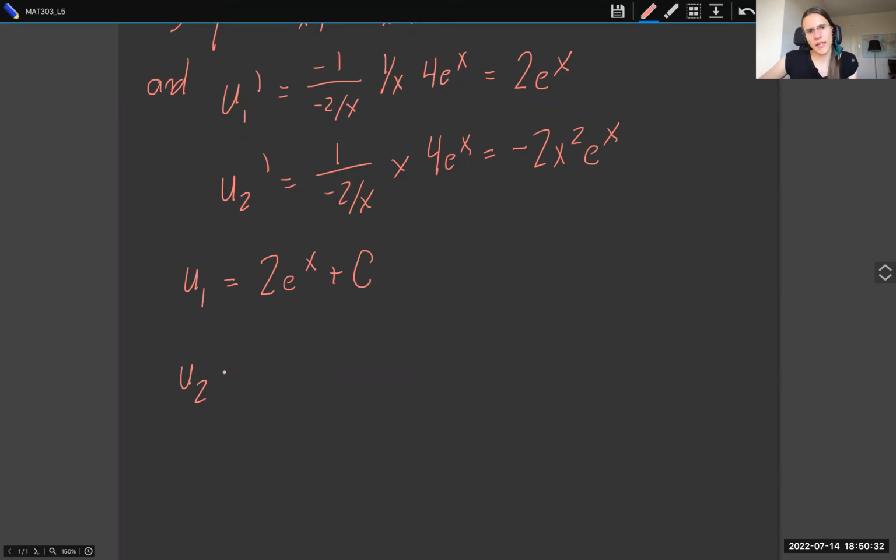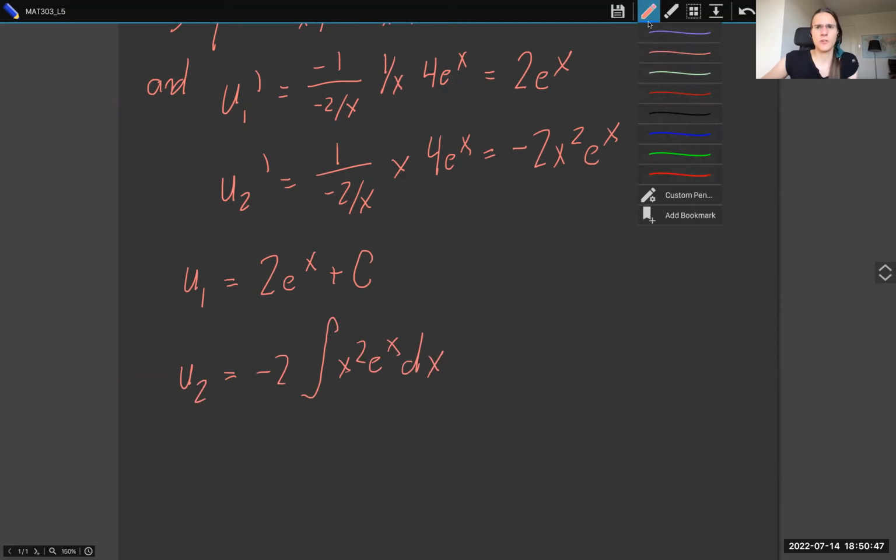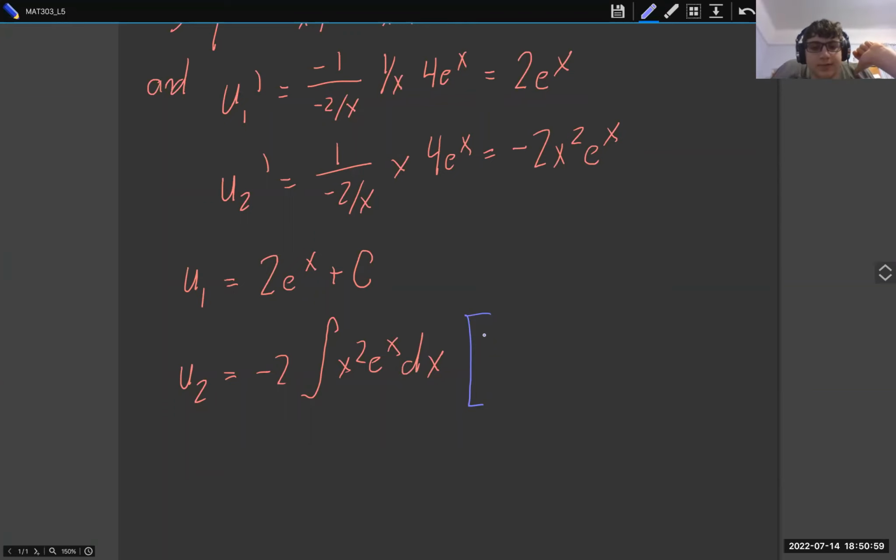And u2 is equal to negative 2 times the integral of x squared e to the x dx. And how do I do this integral? Integration by parts. And what do I want to differentiate? What am I differentiating? x squared. Good. So df is 2x dx.